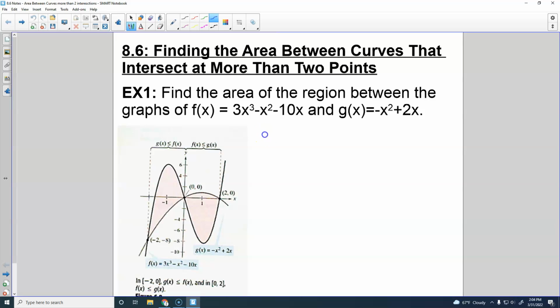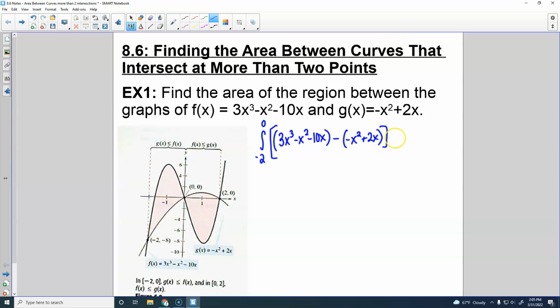So we're going to integrate this first part from our x value of -2 to 0. And we will be integrating the top function, which is 3x to the third minus x squared minus 10x, minus the bottom function, which is our quadratic, -x squared plus 2x.